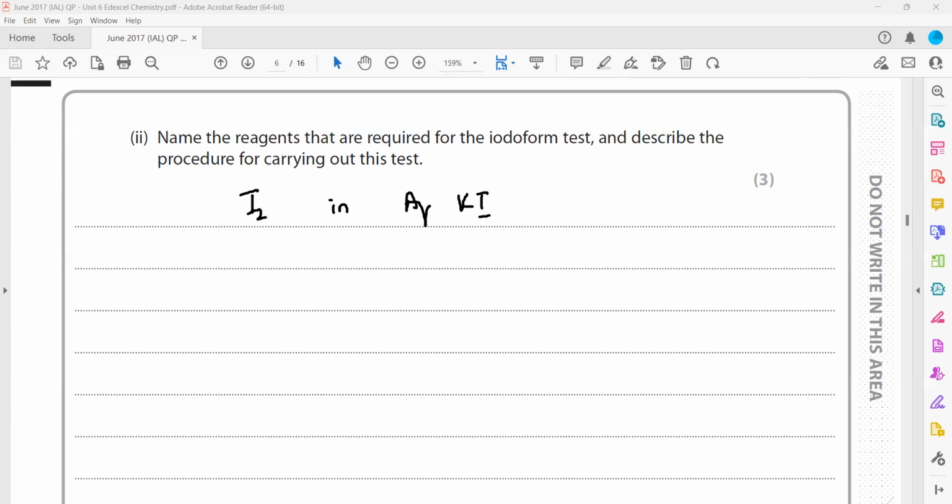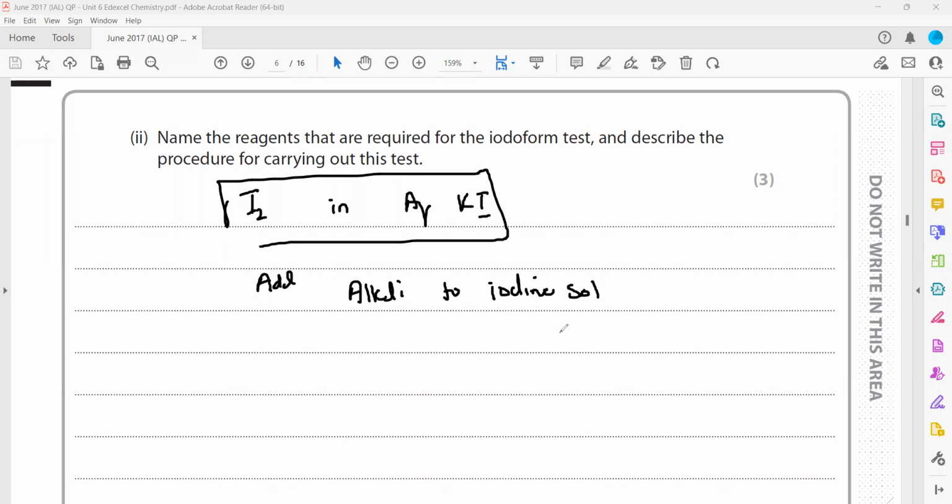First we add alkali to the iodine solution until the solution, which is originally brown, turns colorless. Then we can heat in a water bath, and it will give specific colors.